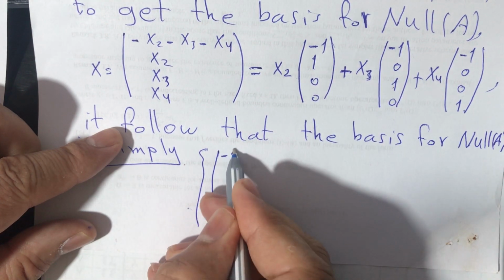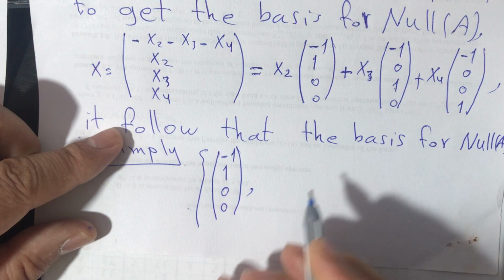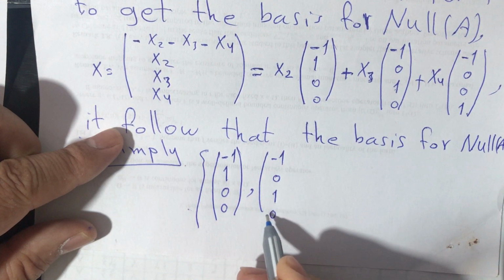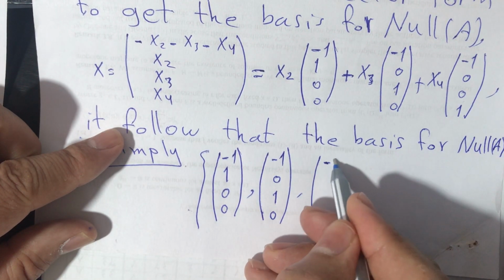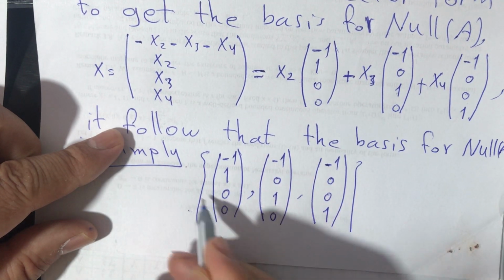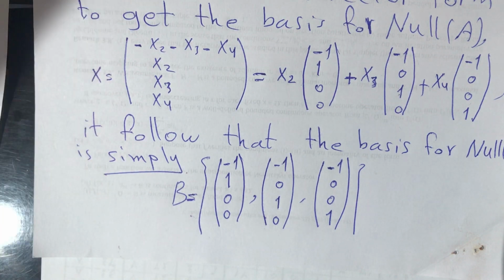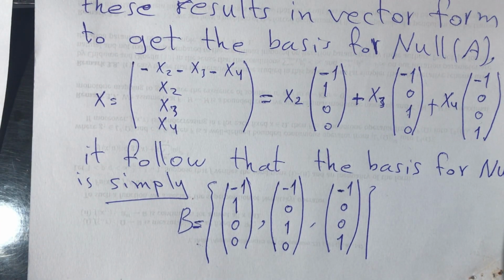First vector is -1 1 0 0, and second vector is -1 0 1 0, and third vector is -1 0 0 1, and this is B, basis for null space A. This is page number 4.